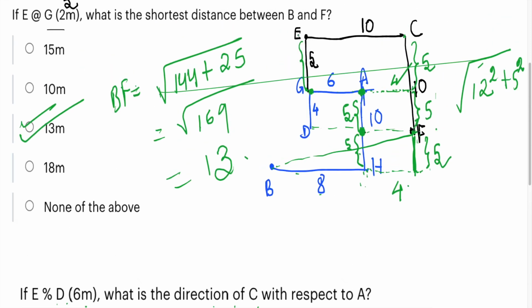E and D. Now a relationship is given between E and D. So whatever you have in black color, just erase it, okay, from here, because this information is according to the previous question. We will not take this information forward.